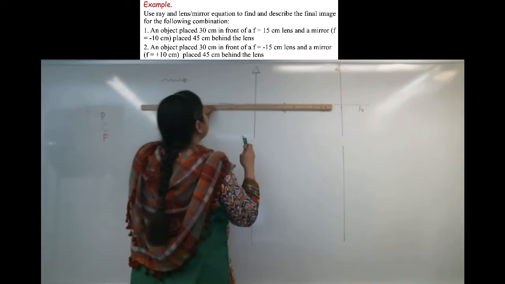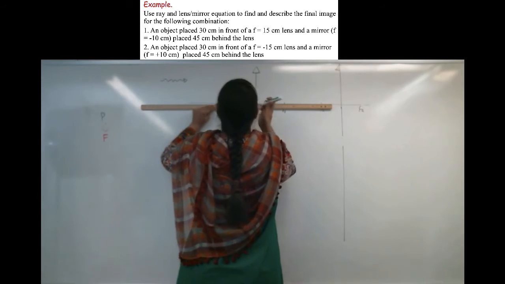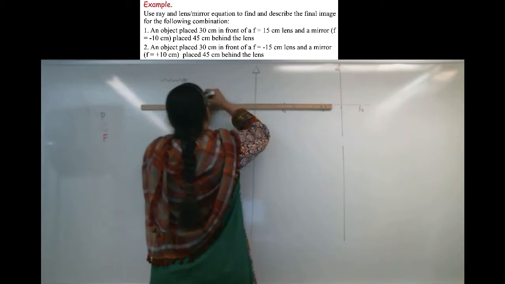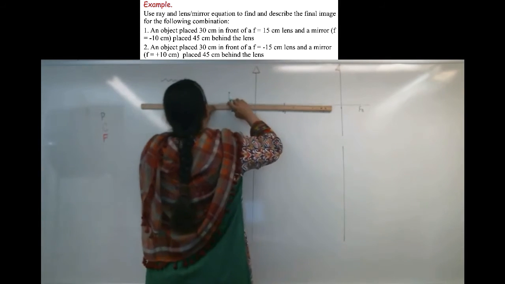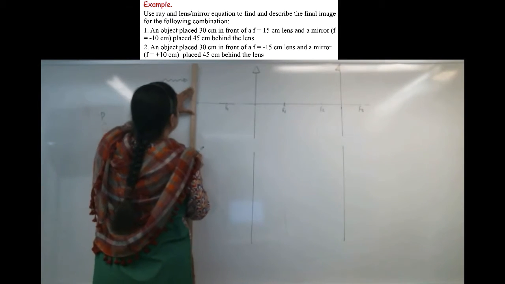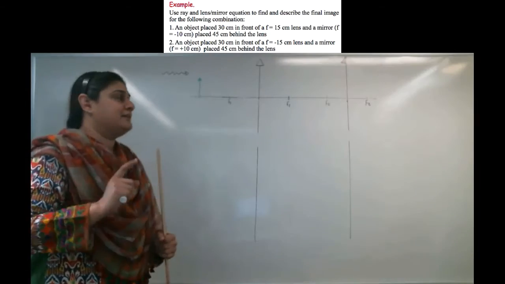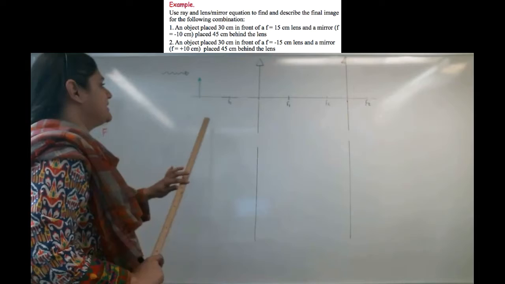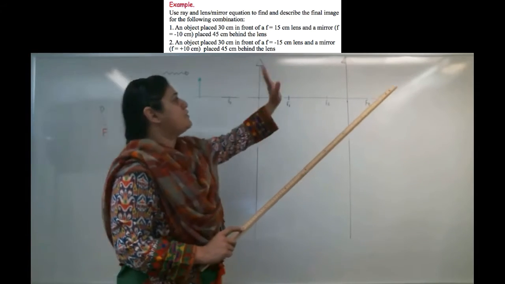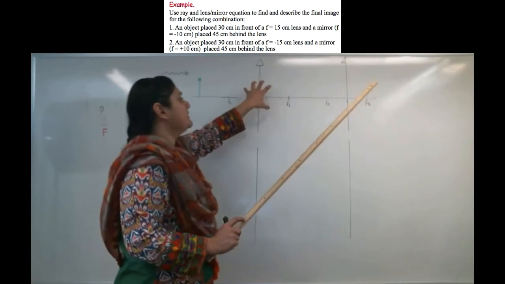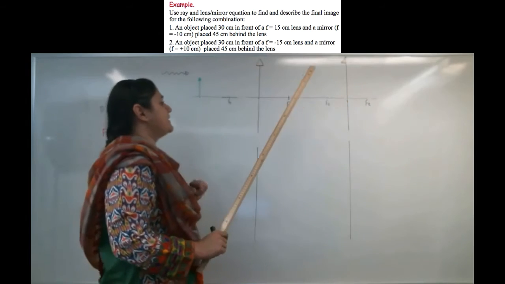So my object is about here. Or here. And I'm going to make my object 10 centimeters high. Okay, so let's start at the beginning. Remember what I said, I'm going to ignore number 2 for now. I'm only going to concentrate on the first one.